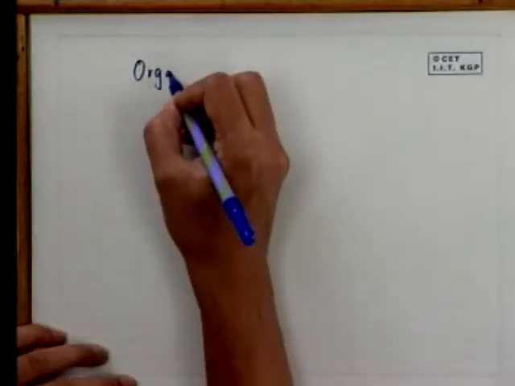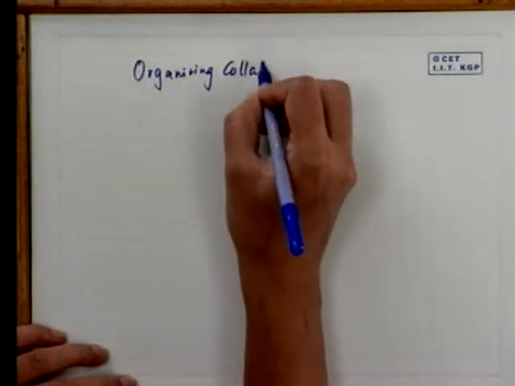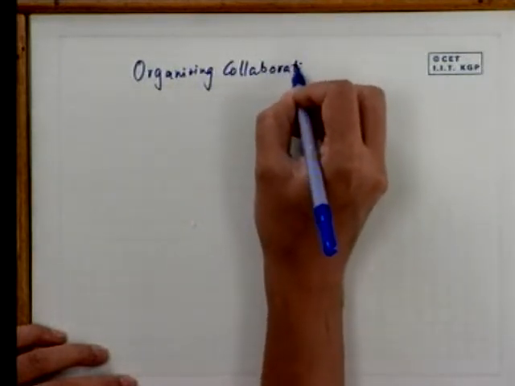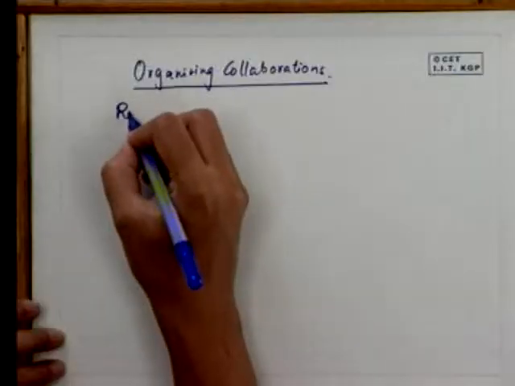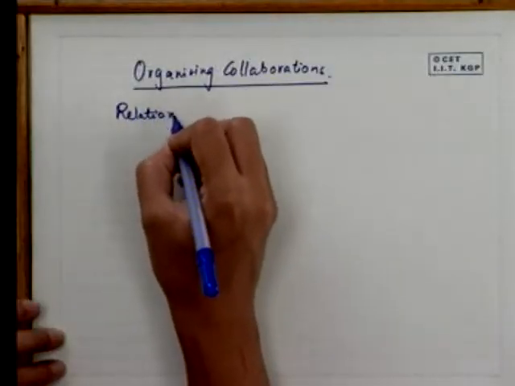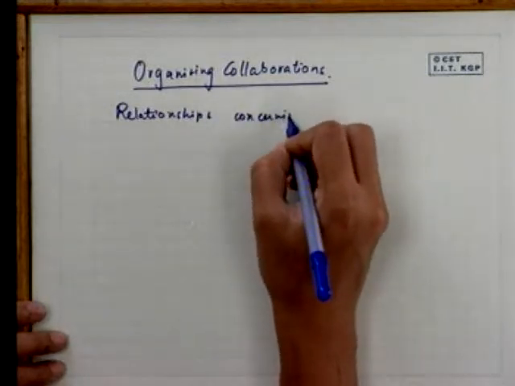Now about organizing collaborations. There are two kinds of relationships that hold among our collaborations.